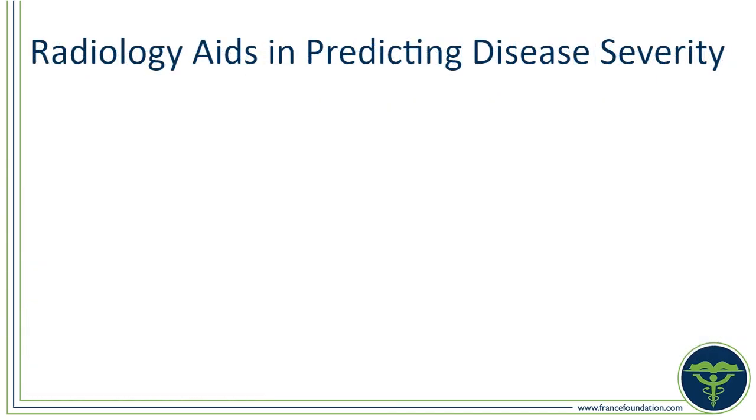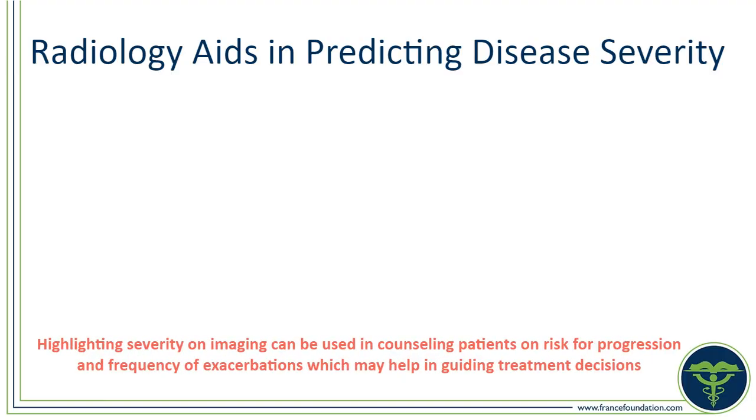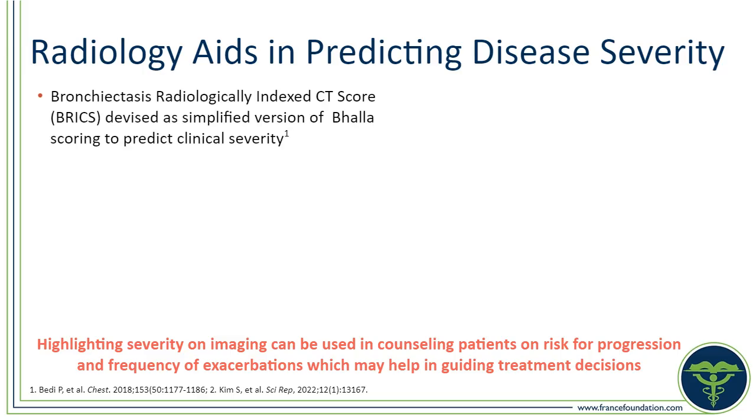There are several radiologic aids to help in predicting disease severity, and these are sometimes used in clinical practice when helping guide the determination of disease severity and how it may potentially help determine those patients who are at high risk of progression or frequent exacerbations. One of the scales, called the Bronchiectasis Radiologically Indexed CT Score, or BRICS, is a devised or simplified version of the BALA scoring to help predict clinical severity.